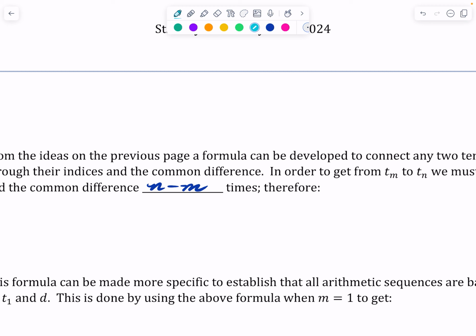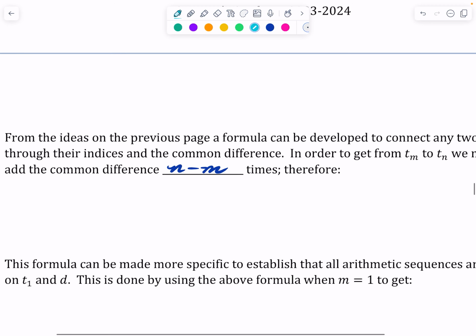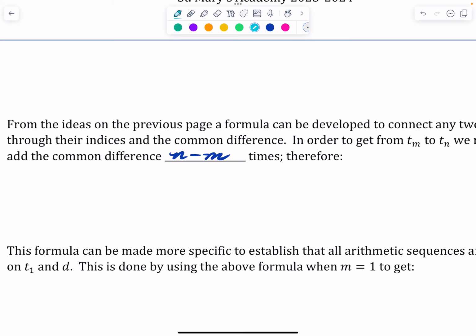Therefore, there are a couple of ways we can write this. One's going to be a very Englishy sentence, and we're going to turn that into a formula. The nth term is what we're getting. We're getting to term n from term m.